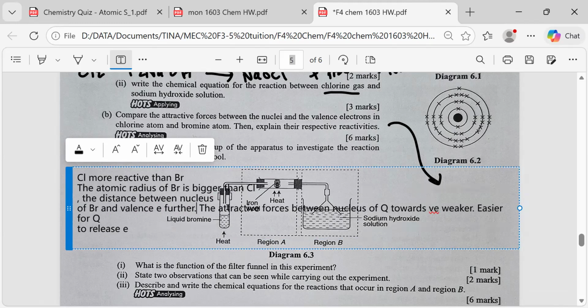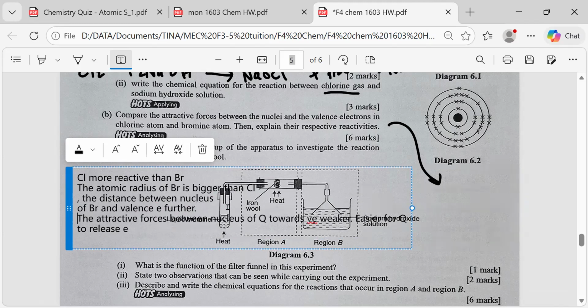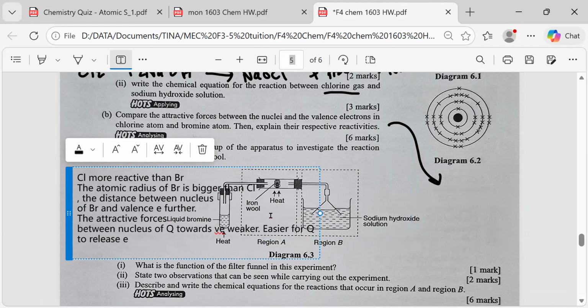Okay. The attractive forces between the nucleus of bromine, or you can do the other way around, towards valence electron is weaker. So it's easier or harder? Harder for bromine to gain electron. Gain. Do you understand?